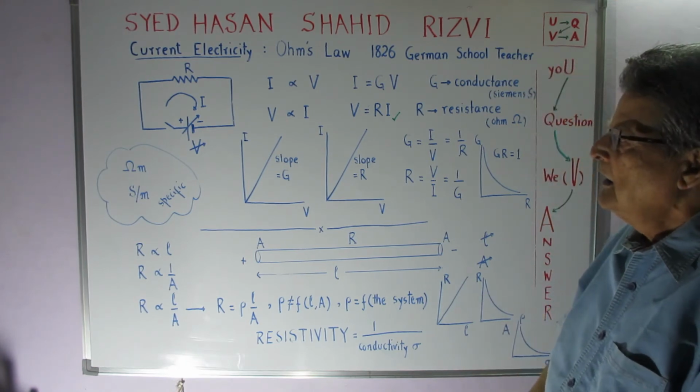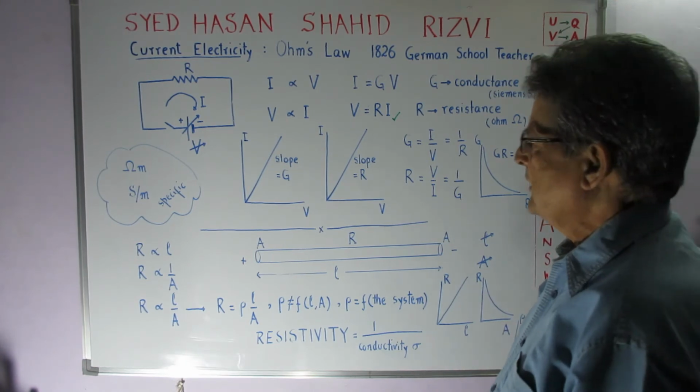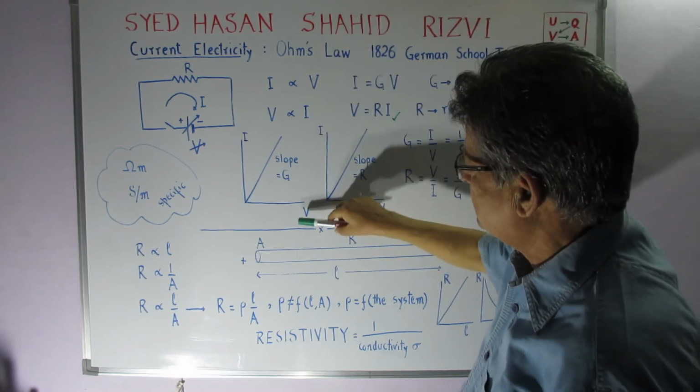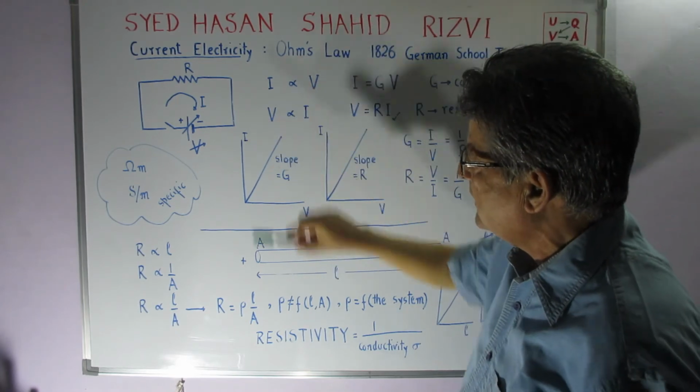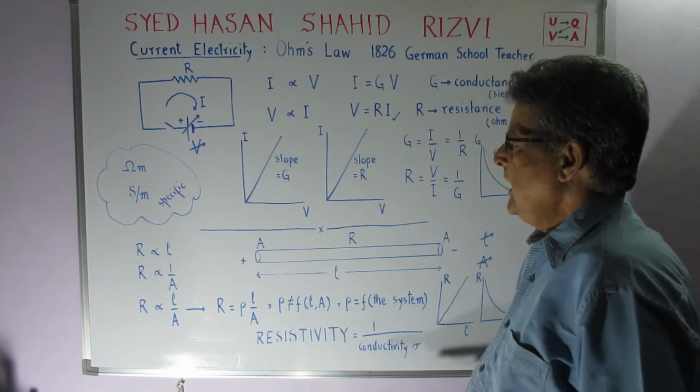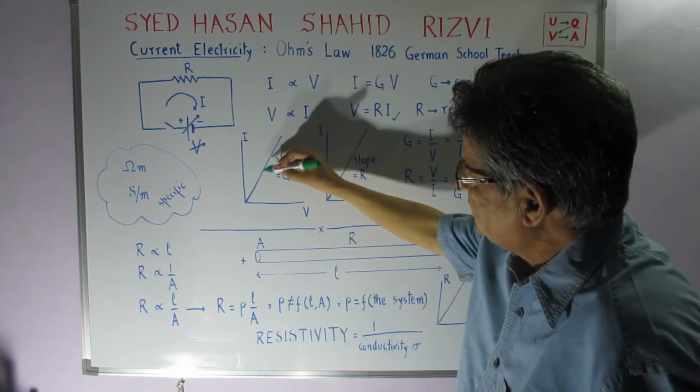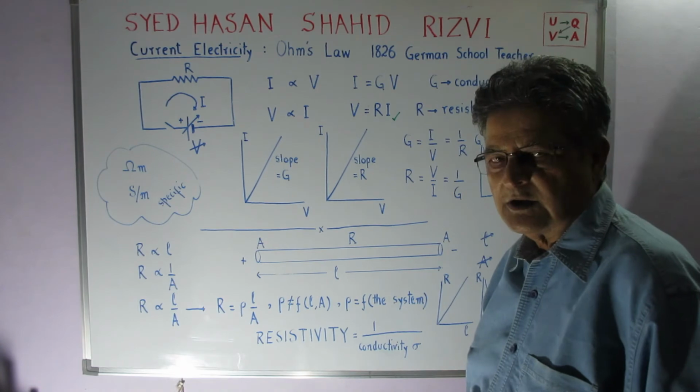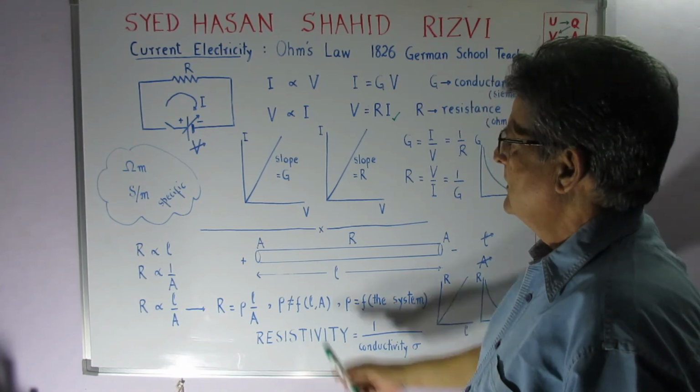Now let us see. Let us have a tabulation of the values of voltage and the current. And when I plot this, I get a straight line graph over here.